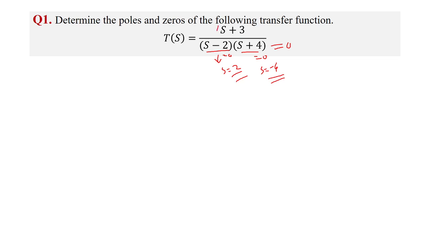And what is the zero? Zero is the values of s at which the numerator is equal to 0. The value is s equal to minus 3, since minus 3 plus 3 equals 0. So minus 3 is the zero, and 2 and minus 4 are the poles.